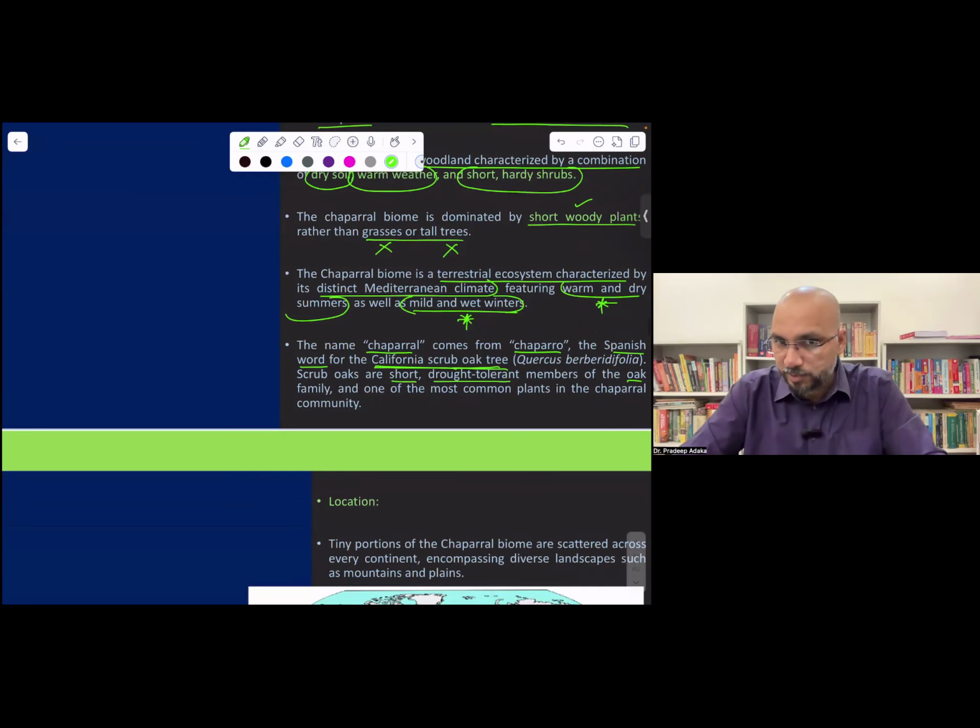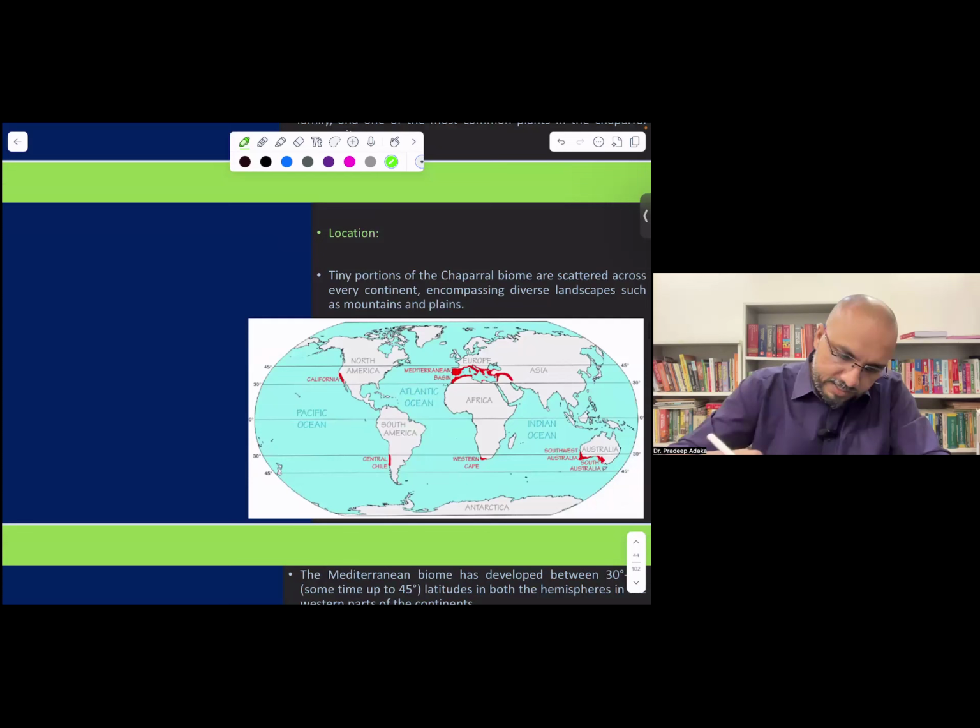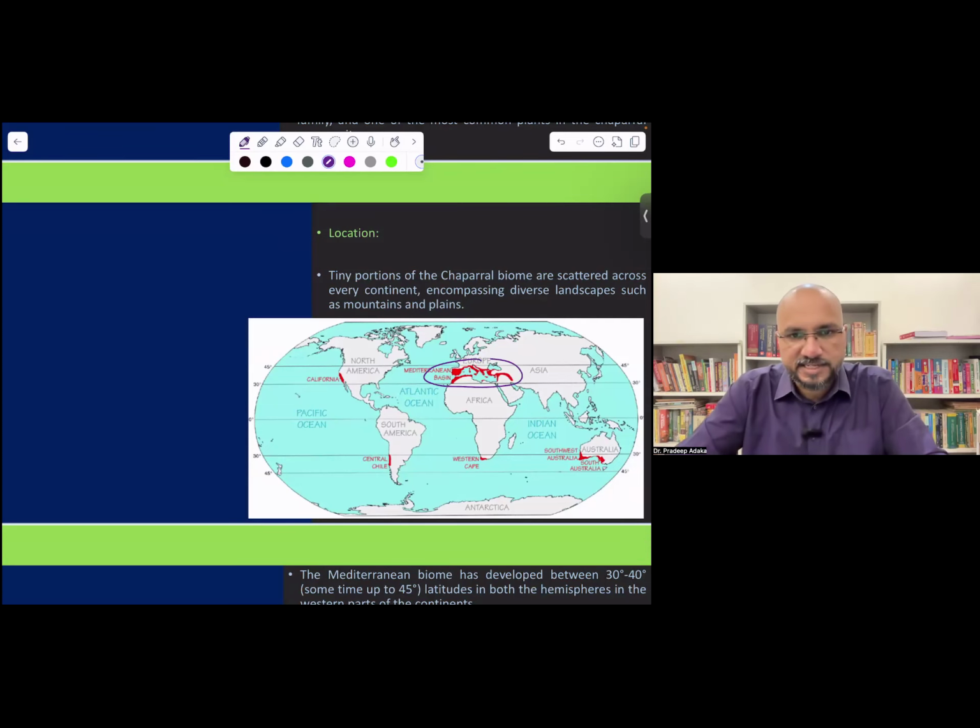Now, where are these biomes located? Around the Mediterranean Sea you will see chaparral biome. Also California, central parts of Chile, South Africa, and Australia.